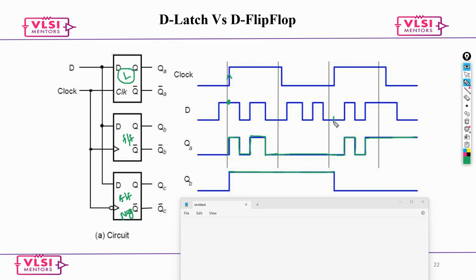Now here it is low, so bring it to low and continue all the way till your next edge. This is how it is going to be. The output is going to be something like this. Is that clear? Any questions?